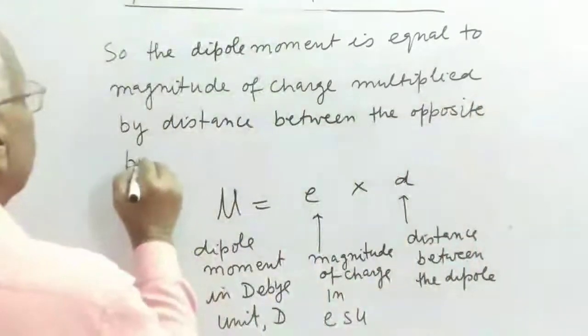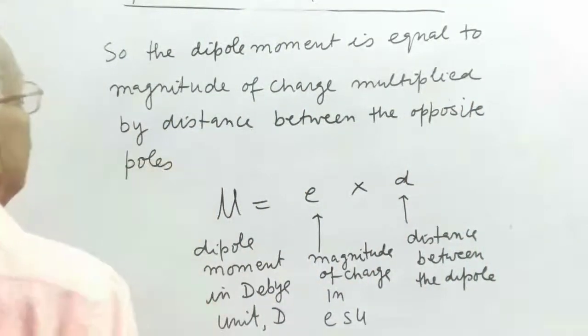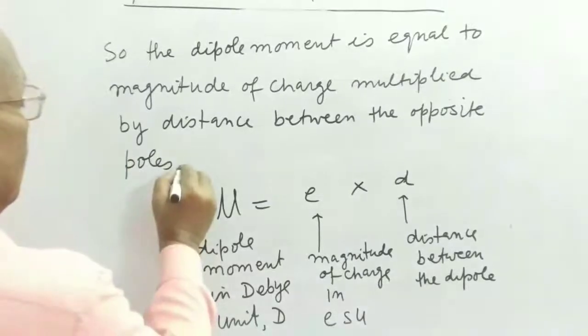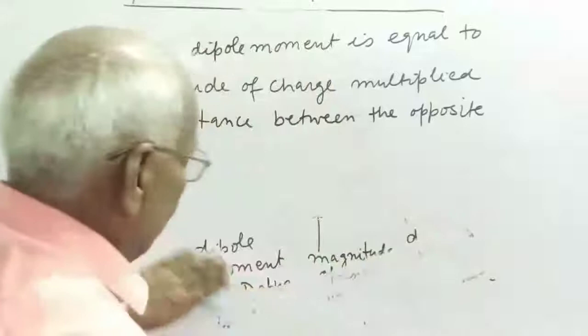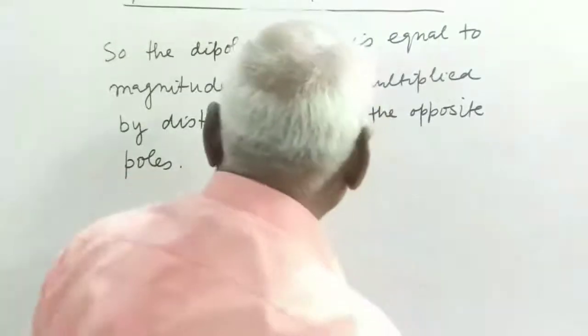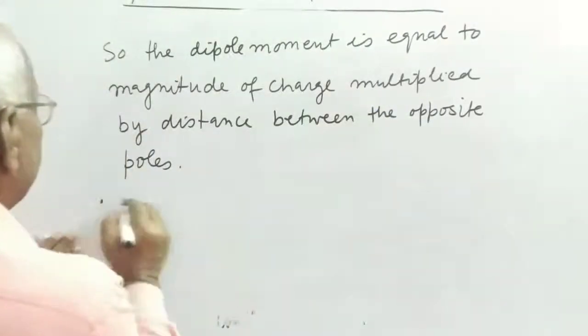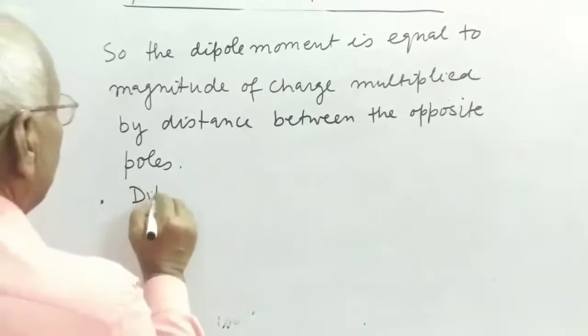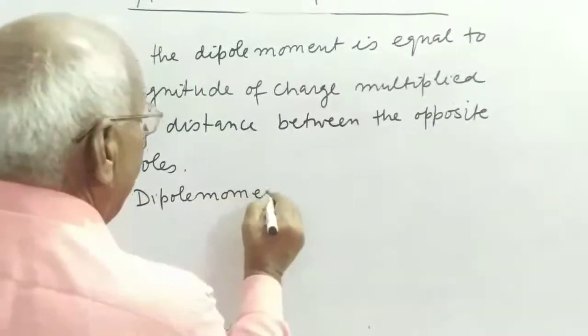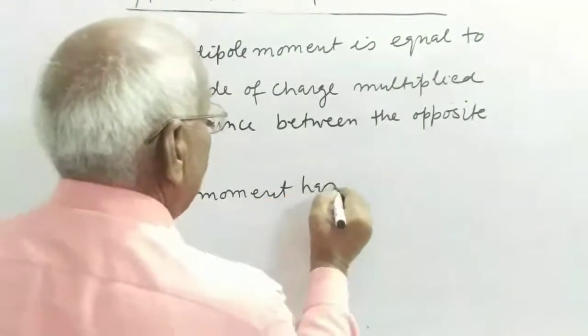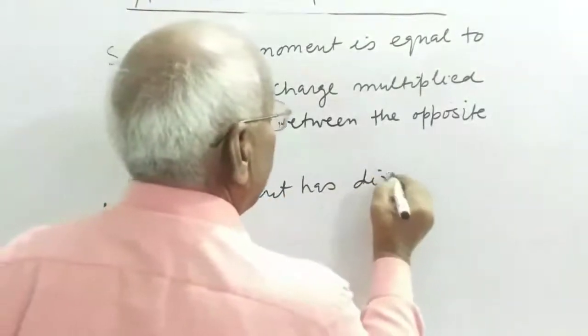Opposite poles means partial positive and partial negative. It has direction. Dipole moment has directional property.